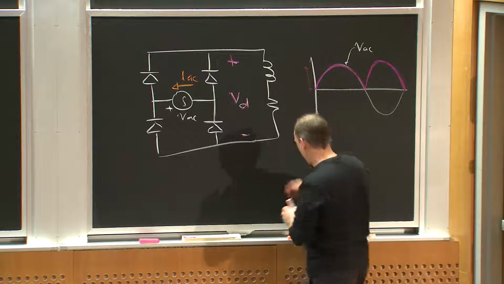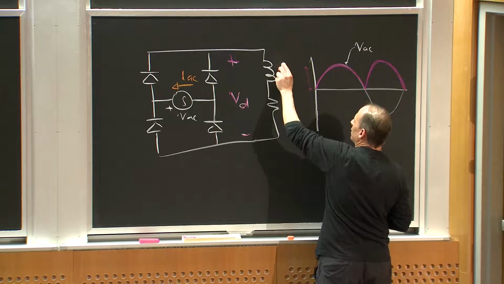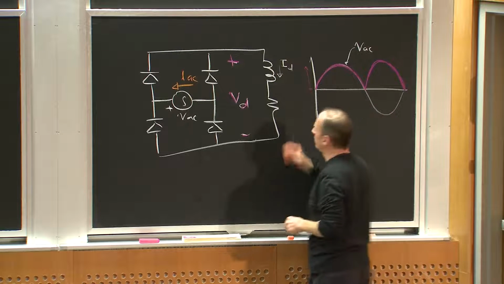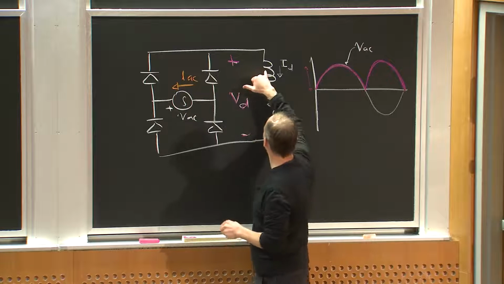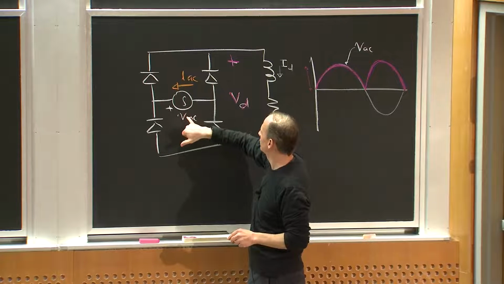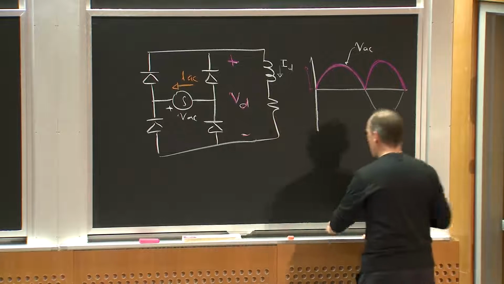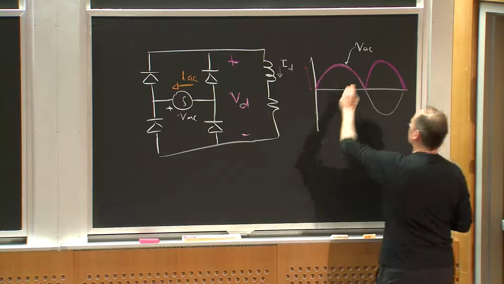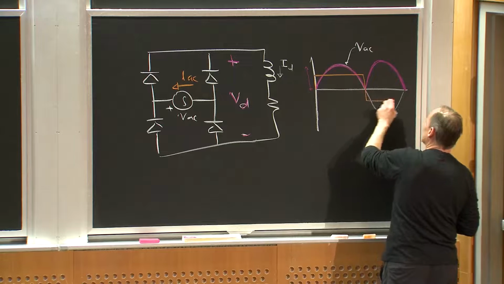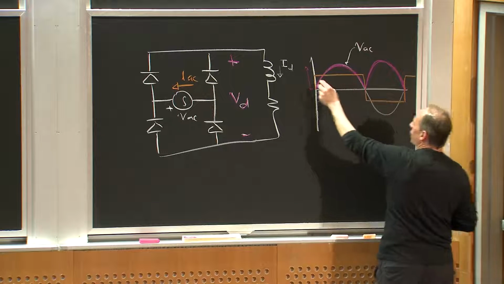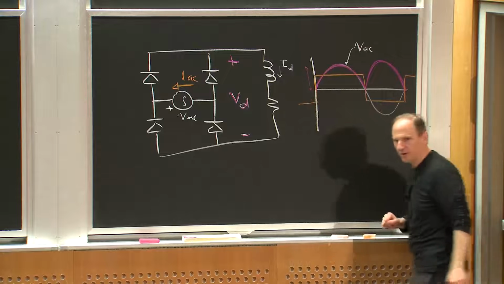Well, if this ID is constant, approximately, because I've done a good job filtering, IAC, when VAC is positive, looks like ID, and when VAC is negative, it looks like minus ID. IAC would look like a square wave, right? So I get some kind of power factor out of that.